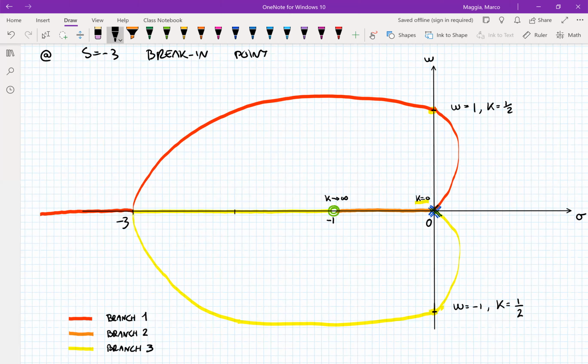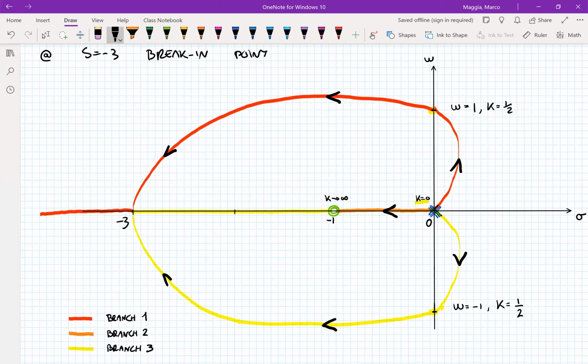And so now we are left simply with indicating the direction of growth for k. So as k grows, we go this way on this branch, up this way on this branch, and then this way on this branch.